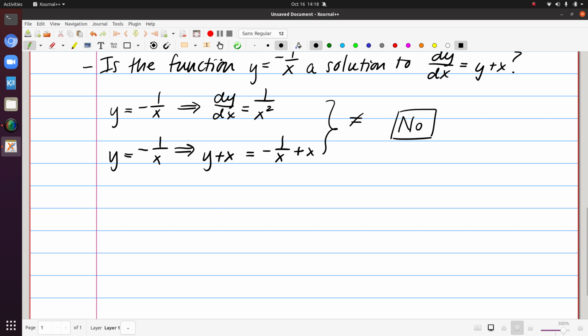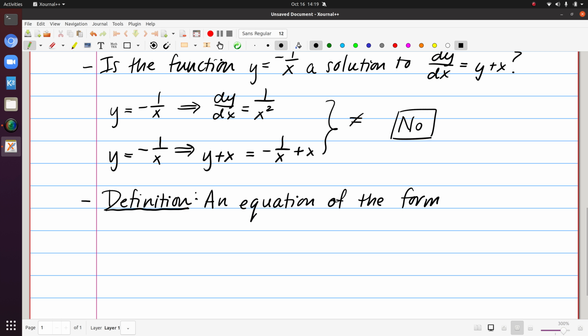So now we're at a point where I want to take a step back and think about the notion of a differential equation. So we're going to say that an equation of the form dy dx equals g of x comma y is called a differential equation.